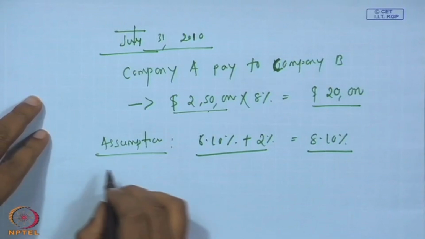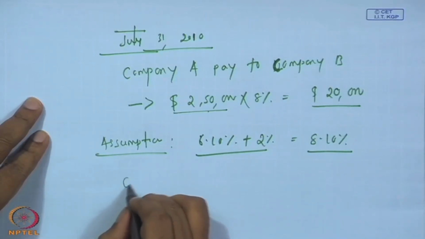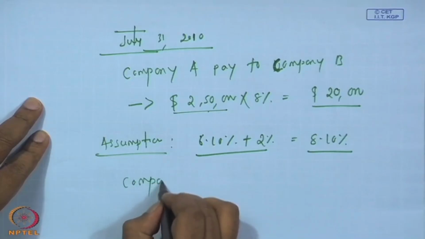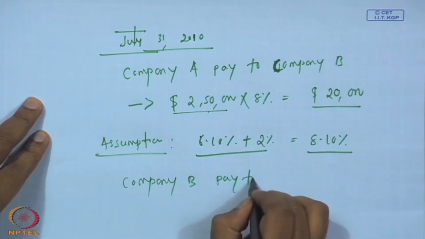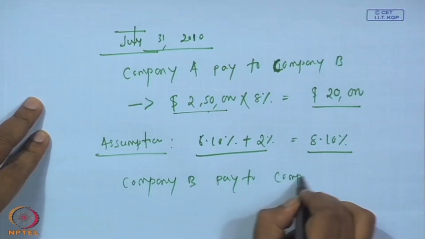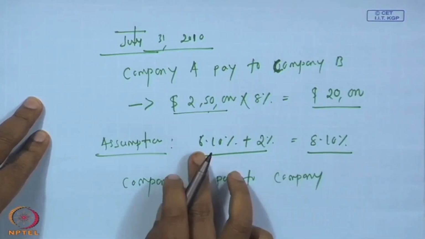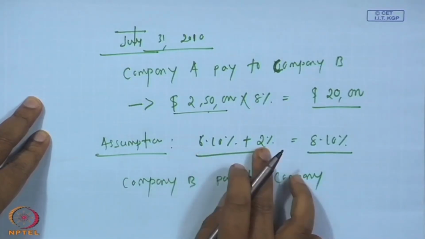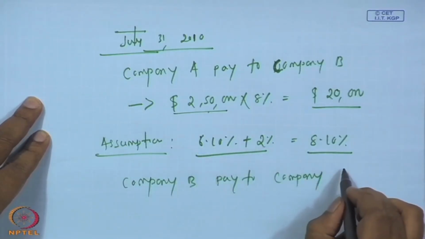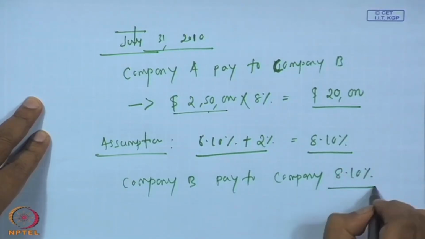So, on 31st July what will happen to company B? Company B will pay to company A how much? LIBOR plus 2%, LIBOR is 6.10% on 31st July, the assumption is there, and 2% extra, so 8.10%.